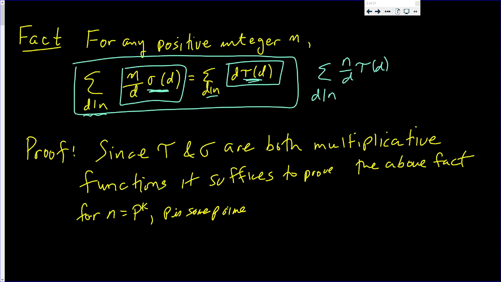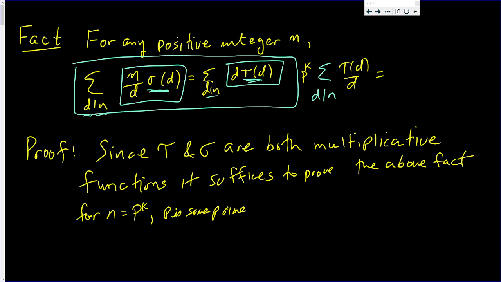That is, n has nothing to do with the summation, so I can pull it out in front. And our n happens to be p to the k. So it's really just tau of d over d that we're summing up.